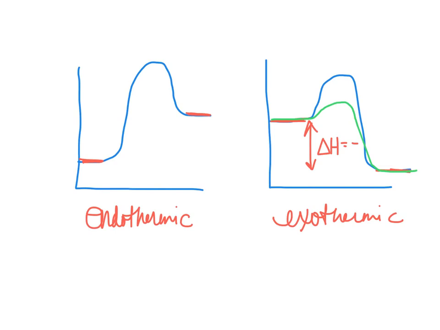And so what's represented by the green graph? The same reaction that has a lower activation energy, and that is caused by a catalyst. So if you see two graphs like that, one with the same exact graph with a lower activation energy, that's about a catalyst. Hope that helped.